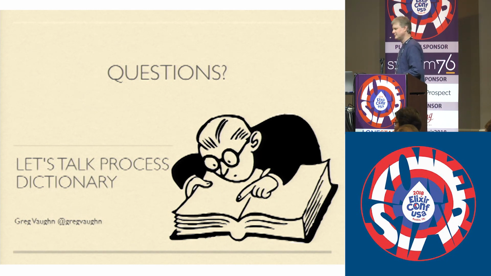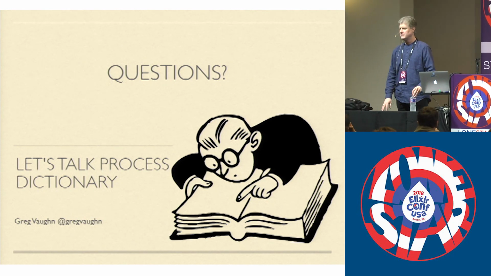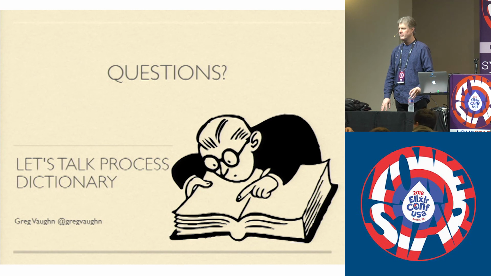Does the process dictionary have a stable time or space complexity guarantee of any kind? Can I depend on it to have the performance of an actual dictionary, or is it implemented with some non-public API? I don't know enough about the low-level implementations, but I would expect it to be pretty stable.